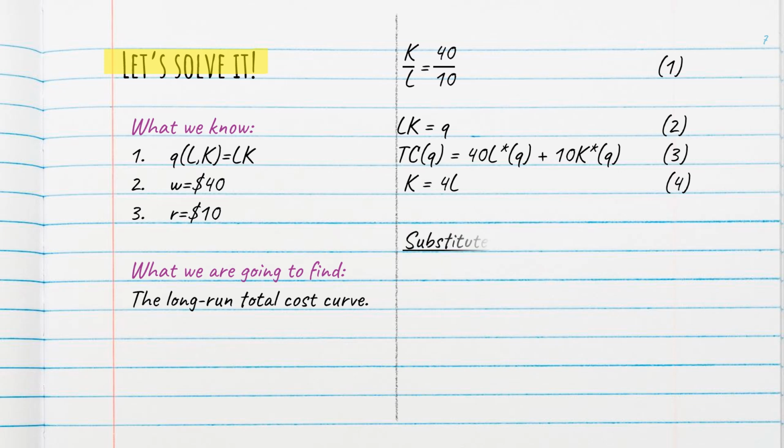The next step in the process is to substitute equation 4, the fact that K equals 4L, into the isoquant, equation 2. By doing that, I'm solving by substitution. I'm plugging in what I know about K so that I can solve for how L depends on Q. So I have L times 4L is equal to Q. I want to solve for L, in particular L star, like the demand for labor.